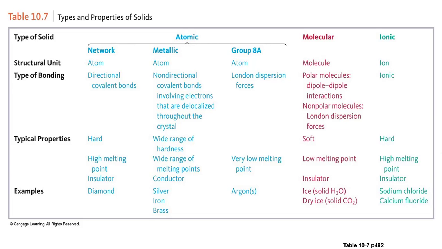So whether it be hard, a high or a low melting point, an insulator or a conductor, those different properties are dependent upon what type of substance is at the lattice point, and those substances will determine the intermolecular forces, and all of those go into helping us understand why the solid behaves the way it does.